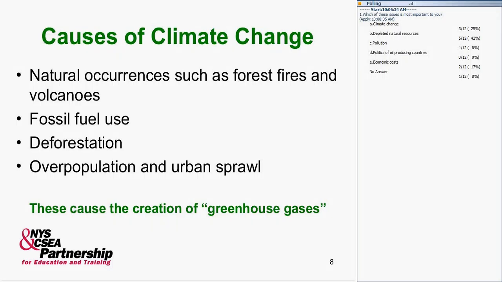We have more people, and we need to feed more people. We need land to grow food. That goes right into overpopulation. The more people we have, the less room we have for trees and plants that are going to be absorbing that carbon dioxide.